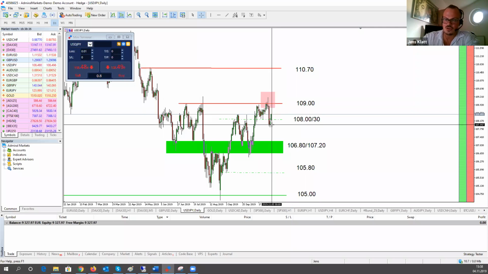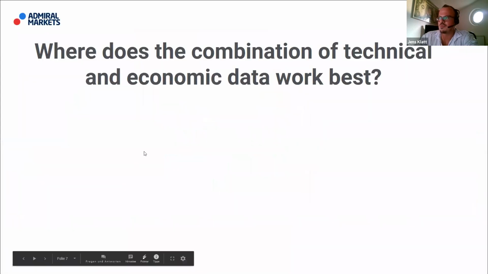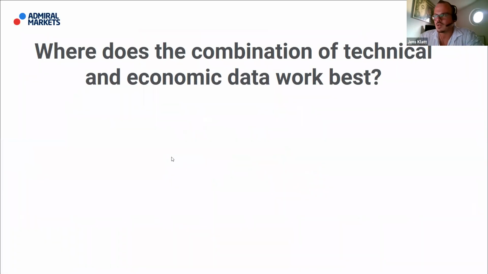And the further downside was accelerated by not dovishness, let's call it, from the BOJ in this case. Okay, so this is an example of how these points we just went through in the slide before can be used in the real trading world, in fact.